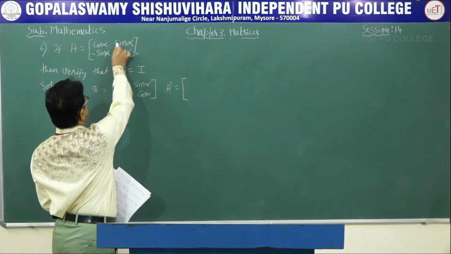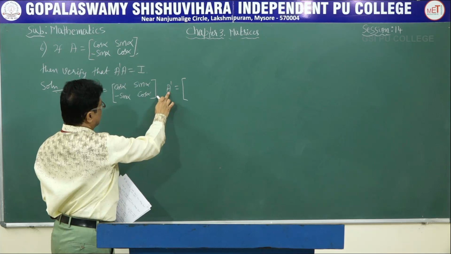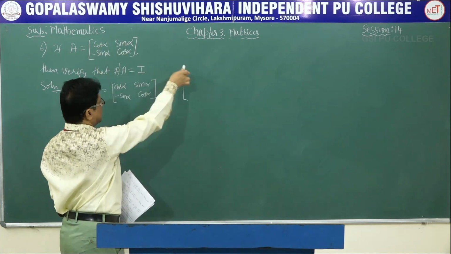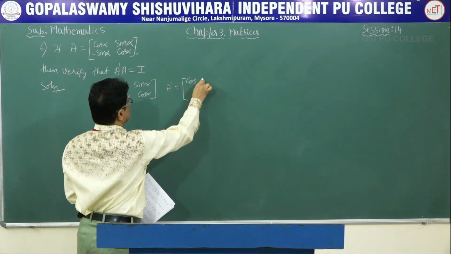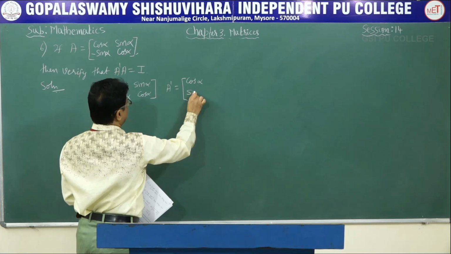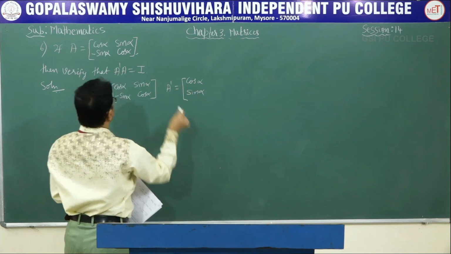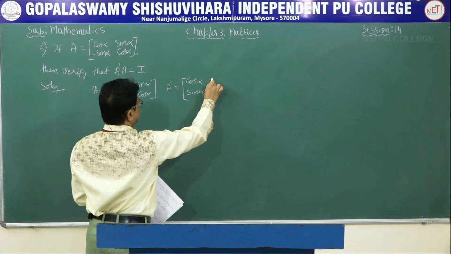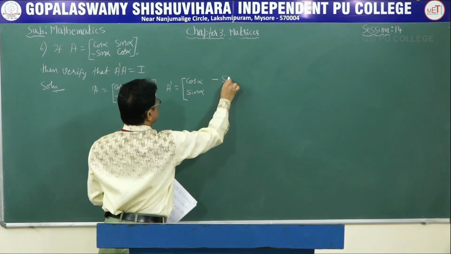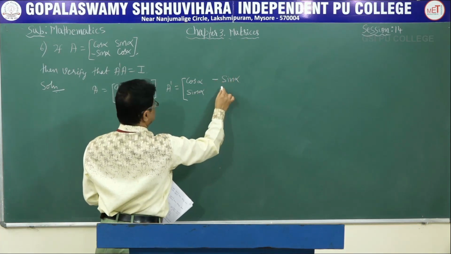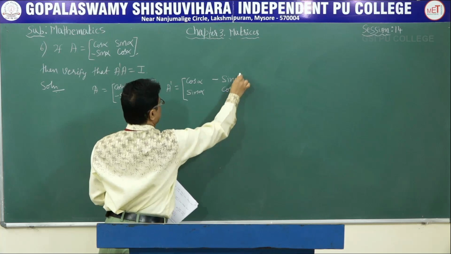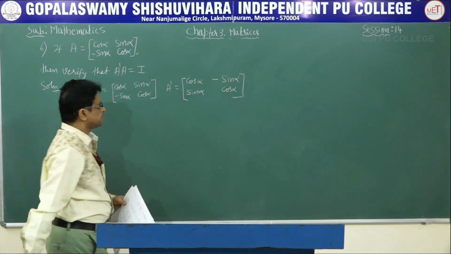The first row is cos alpha, sin alpha in A. After transposing, this first row becomes the first column, that is cos alpha, sin alpha, and the second row becomes the second column, minus sin alpha, cos alpha.